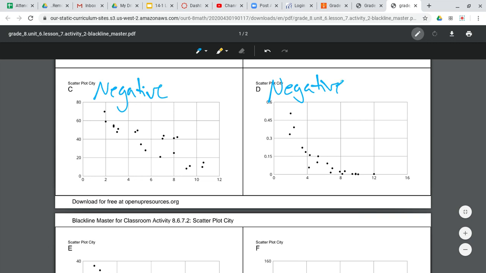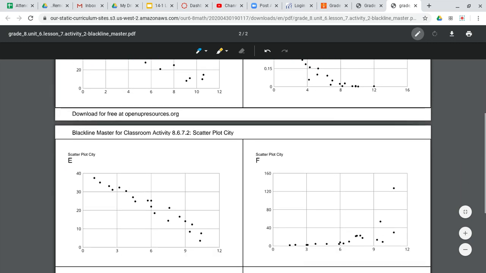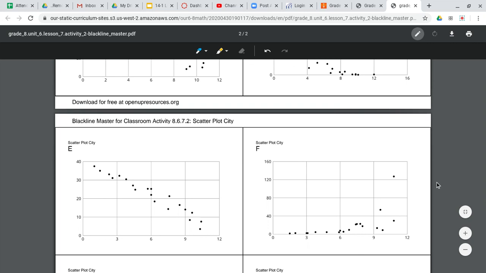Oops, that's supposed to be an E. There we go. All right, let's look at E and F. On E, which direction are we going? Up and to the right or down and to the right? We're going down, which means it's negative. All right, what about F?